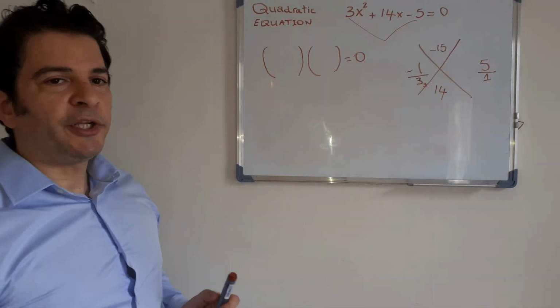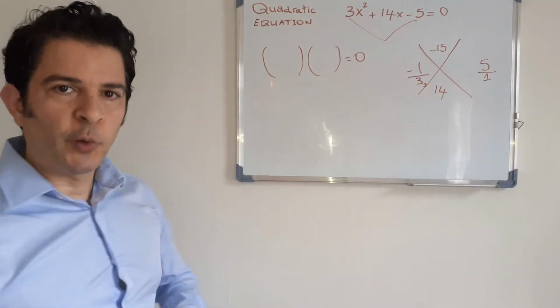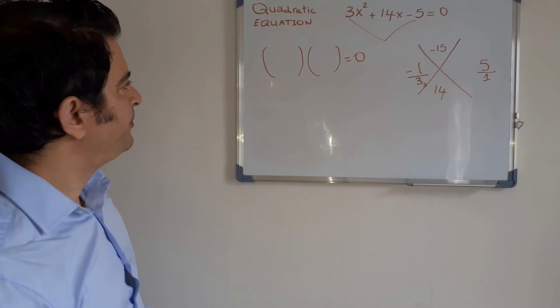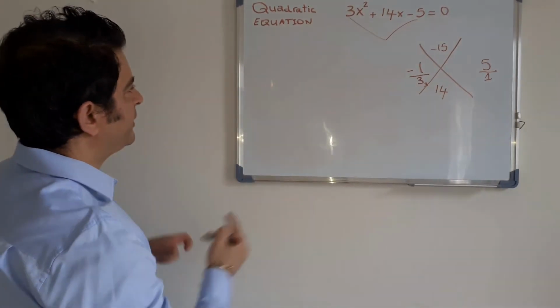Okay, so we have these fractions here. Now we need to use these fractions in order to factor the equation. Let me just write this a bit bigger so it's clearer.